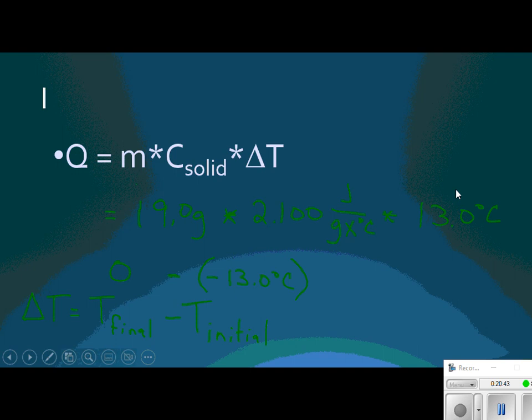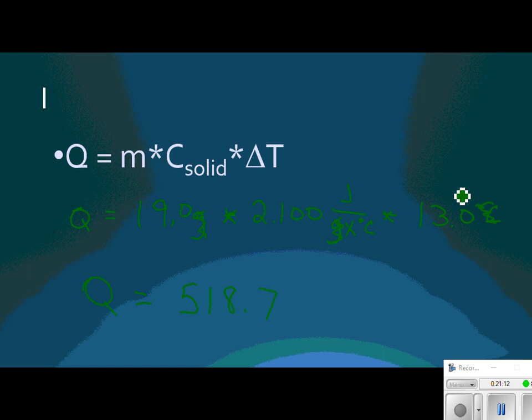Now, when I go through and I do my math, I did all my math and my Q came out to be 518.7. And if I look at my label, I have grams cancel here.